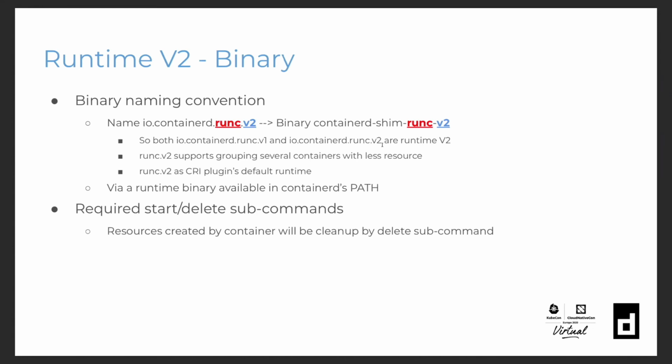One pod, one runc v2 shim. So you can save more CPU and memory resources. Right now, the CRI plugin uses runc.v2 as the default runtime in the 1.4 release. And one more thing I want to mention here is the delete subcommand. It is used to clean up the resources created by the shim. If your shim is unexpectedly killed, Kubernetes will call the delete command to clean up the leaking resources. So the runtime also needs to handle it very carefully.